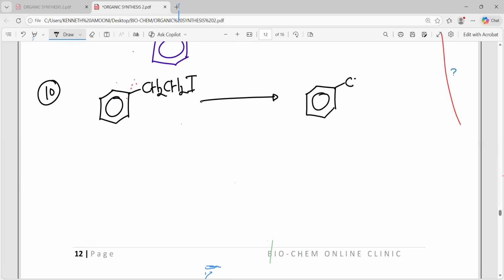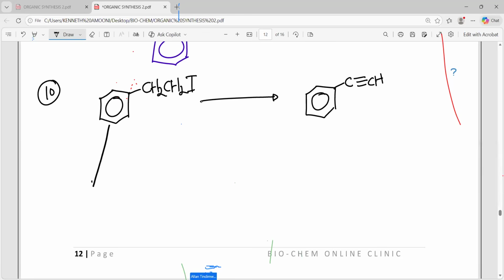That compound is an alkyne. And by virtue of you seeing that, it should come to your mind, how am I going to convert that to an alkyne? You first move to an alkane, then you move to an alkene. Then from an alkene, you move to an alkyne.